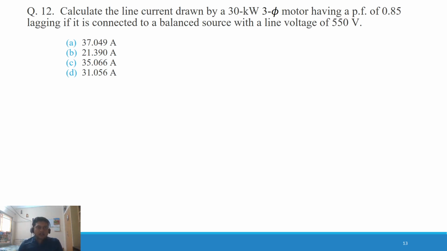So here, calculate the line current drawn by a 30 kilowatt three-phase motor having a power factor of 0.85 lagging if it is connected to a balanced source with a line voltage of 550 volt.